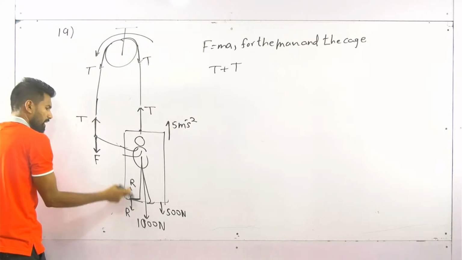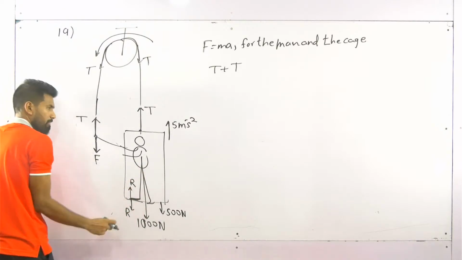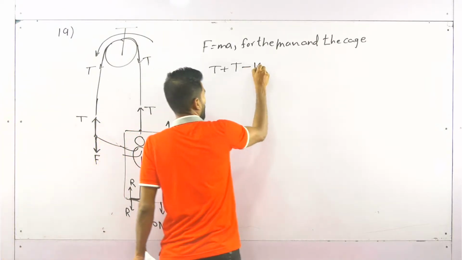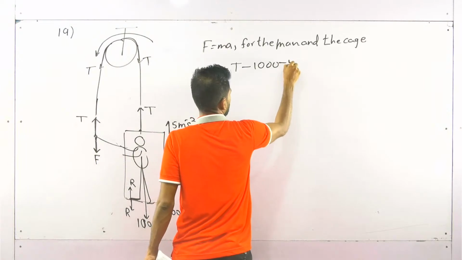And the R values are cancelled as we consider both of them. Weights: 1000 and 500.